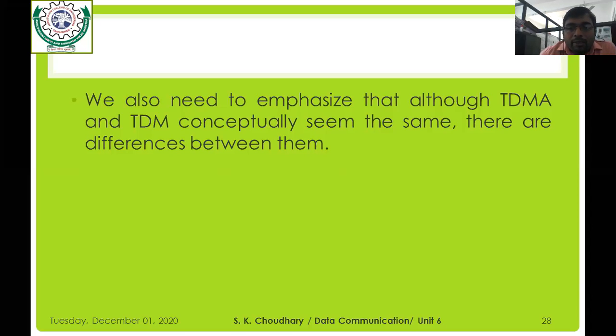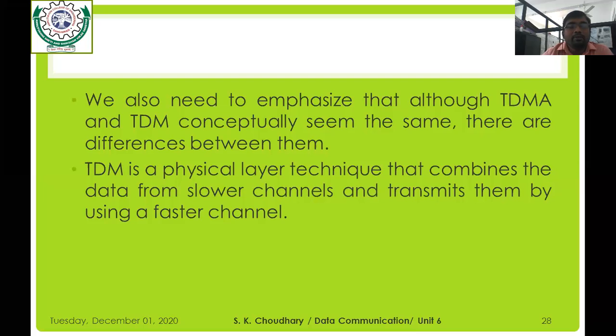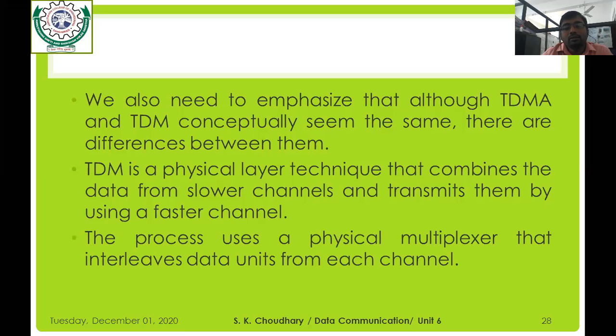Once again, we have to emphasize that TDMA and TDM look conceptually the same, but there are some differences between them. TDM is a physical layer technique that combines the data from slower channels and transmits them using a faster channel, and the process uses a physical multiplexer that interleaves the data units from each channel.